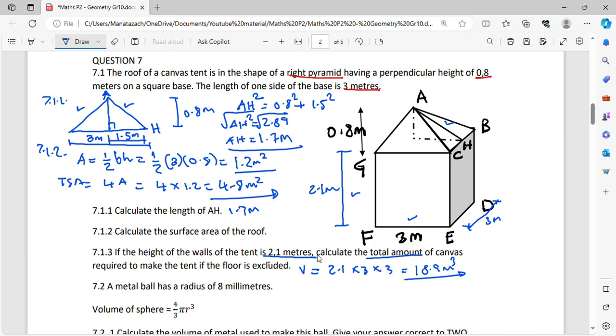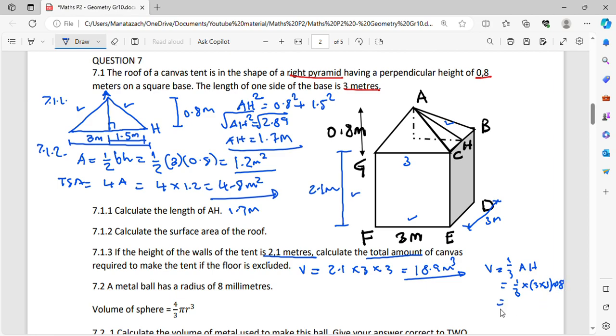So if you want the total volume, you can also calculate the volume of the roof, which is equal to 1/3 area times height. That's the volume of the pyramid, since our roof is a pyramid. So that would be 1/3 times the area, which is 3 for that length, and also for the adjacent length is 3. So 3 by 3 is the area, the height is 0.8.